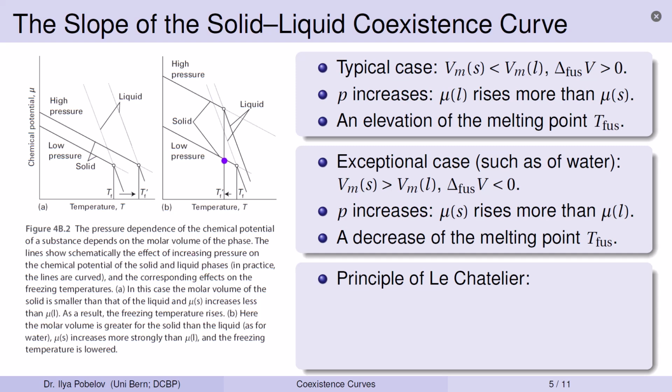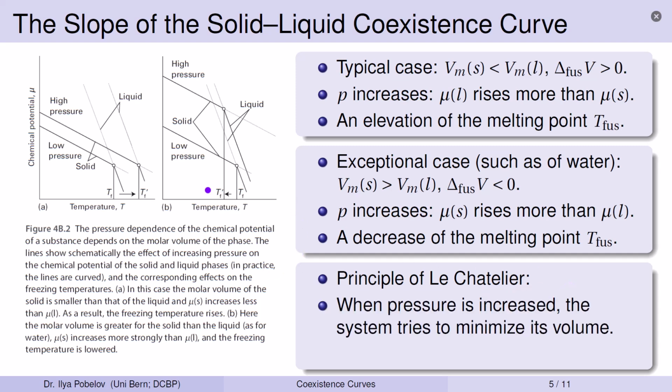Such behavior can also be predicted by applying the principle of Le Chatelier. When pressure increases, the system tries to minimize its volume. Accordingly, there is a natural tendency for the system to favor the phase with a smaller molar volume.